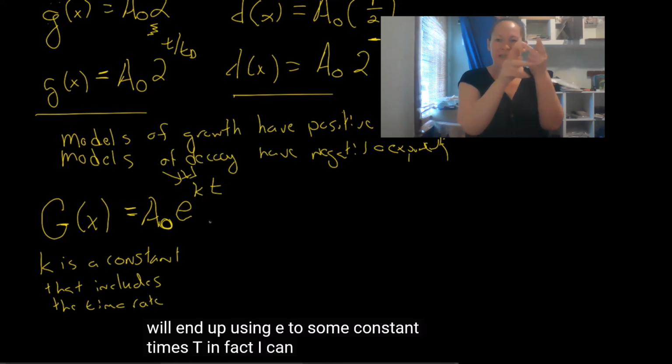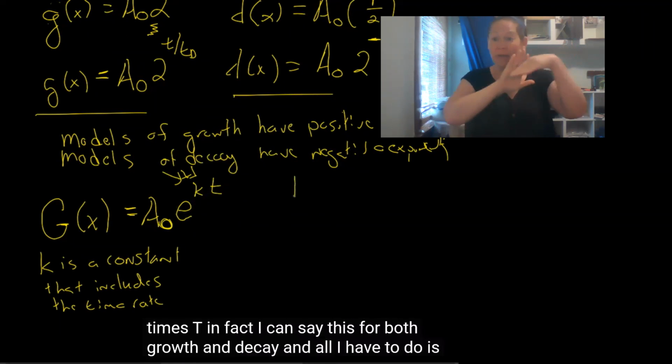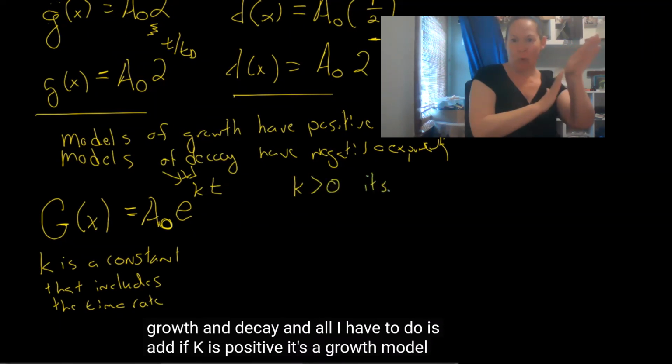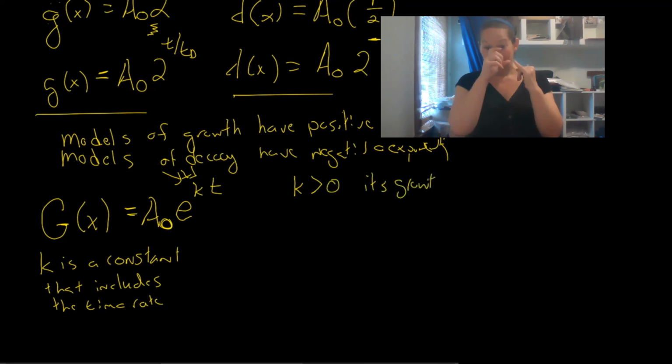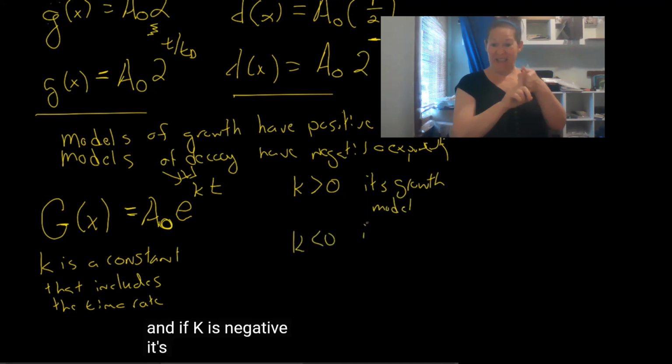In fact, I can say this for both growth and decay, and all I have to do is add, if k is positive, it's a growth model. And if k is negative, it's a decay model.